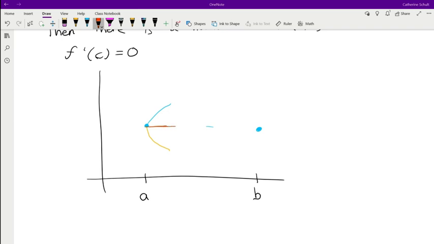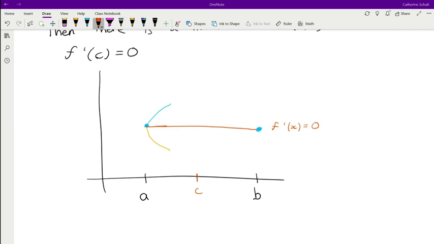Okay, so let's start with the straight across. If it goes straight across, if it's just a constant, then f prime of x is 0 for all x. The slope of a horizontal line is 0. There's no change in that line.